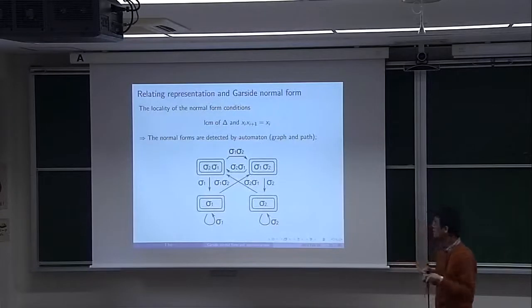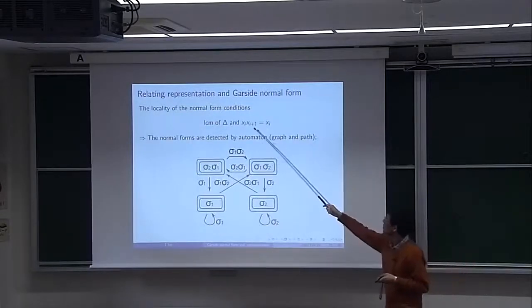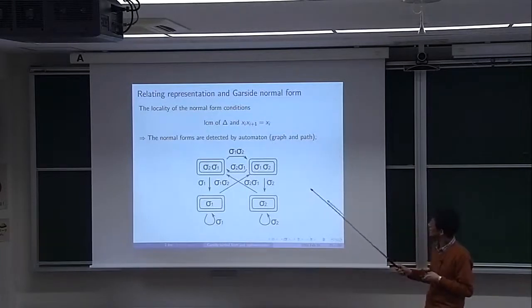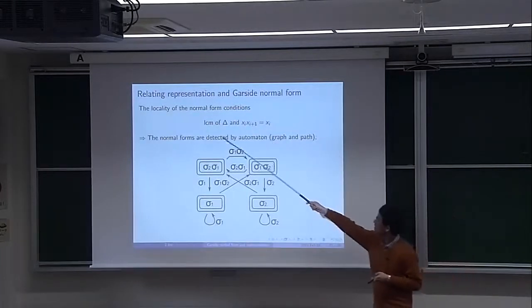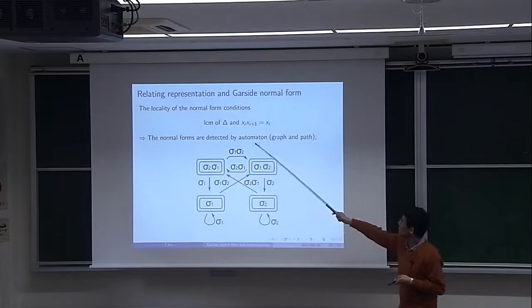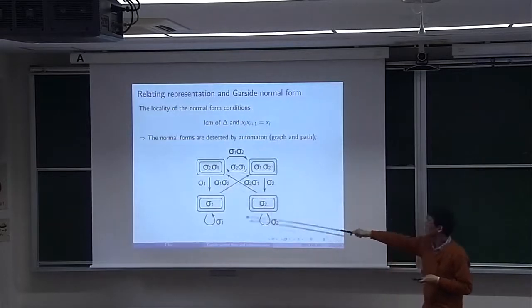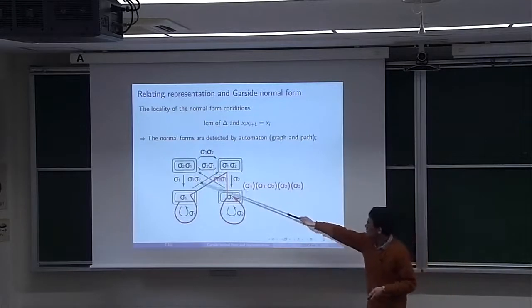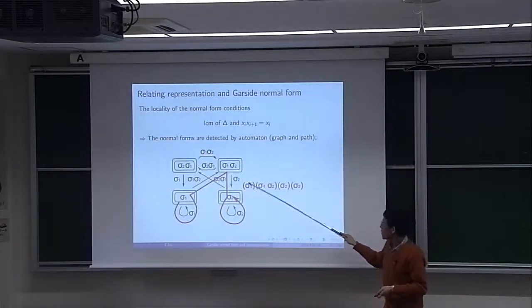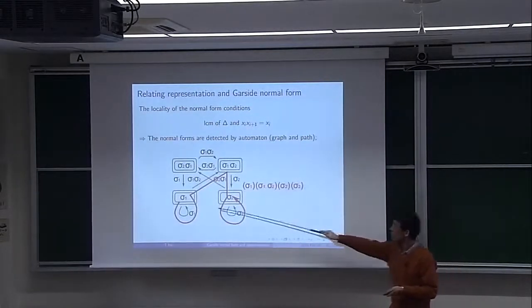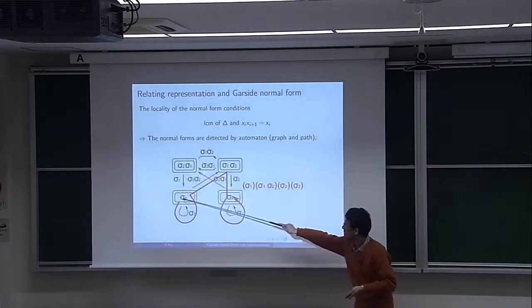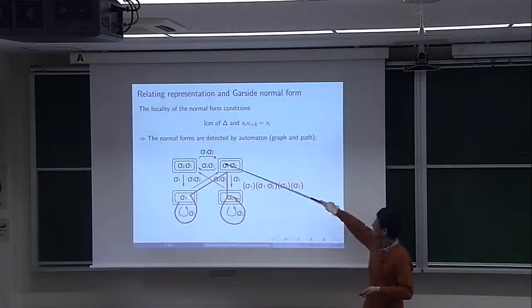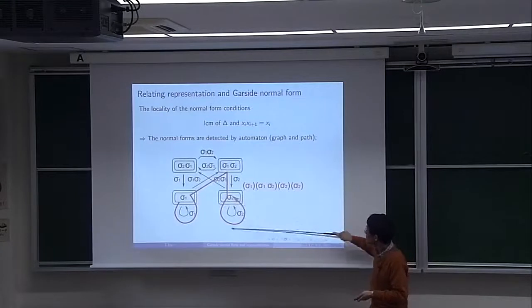Okay, in the remaining five minutes, I'd like to explain how to relate Garside normal forms and representations. A key point is that the Garside normal form condition can be encoded by an automaton, or say a graph and paths. Say the normal form sigma 1, sigma 1 sigma 2, sigma 2 is encoded by a path of this graph.